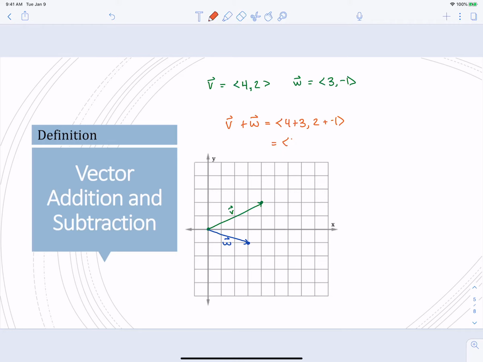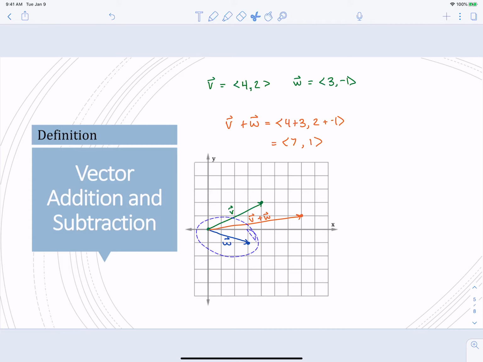So we're going to get the vector 7, 1 when we add those two together. If we wanted, we could graph that. There's our added vector.